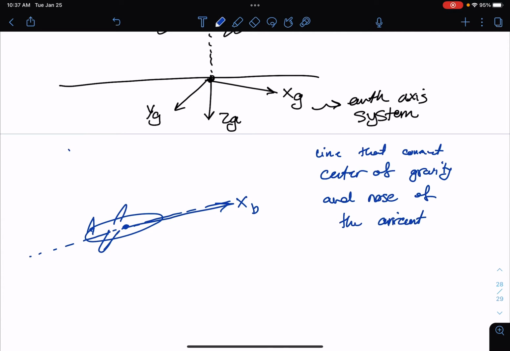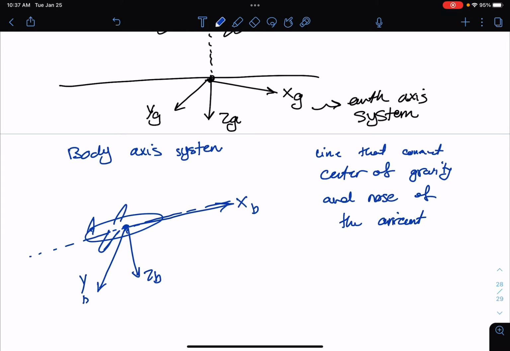So this is called a body axis system. And we can draw the other axis, y of b, which is going to be 90 degrees, and z of b, that is going to again be 90 degrees.